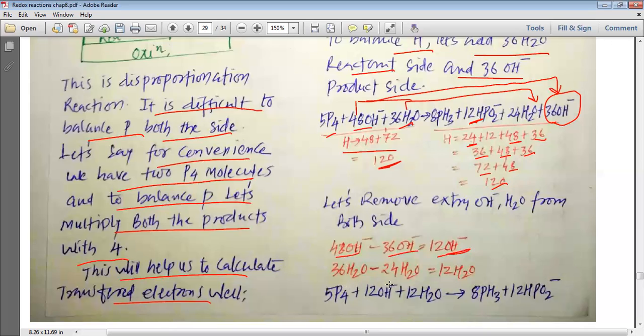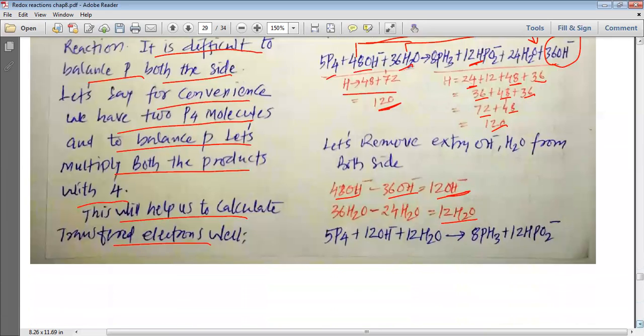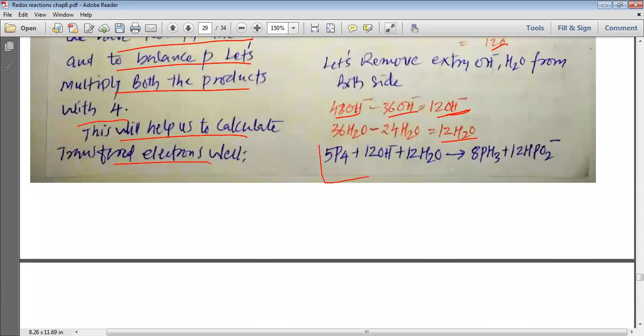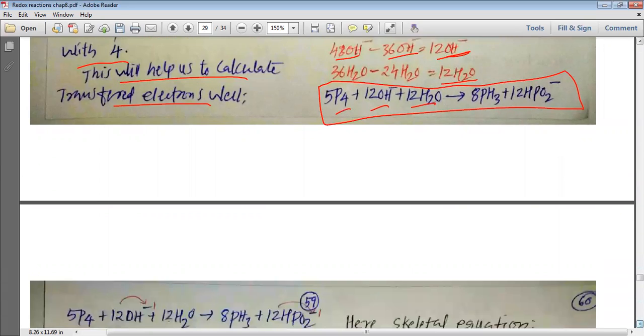So 36 H2O minus 24 H2O gives 12 H2O. So even on the left hand side we will have 12 H2O remaining. So now after removing the H2O and OH minus, we can write the final equation as 5P4 plus 12 OH minus plus 12 H2O gives 8 PH3 plus 12 HPO2 minus.